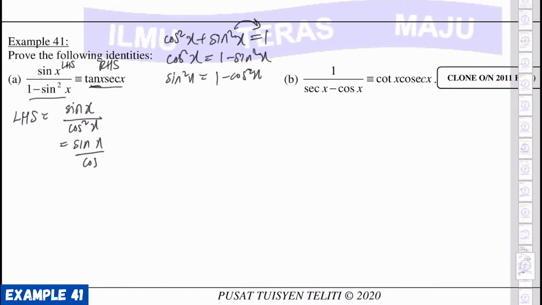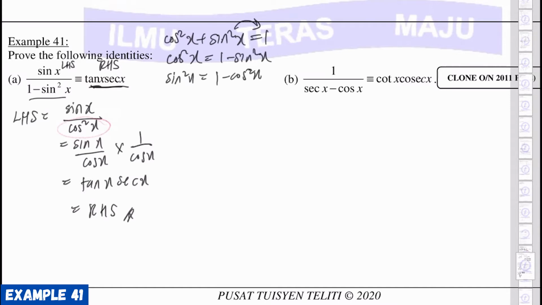So I can split this into 2. The cos square over here, I can write as cos times cos. So now this will be tangent x, and 1 over cos is actually secant x. This will give us our right hand side.